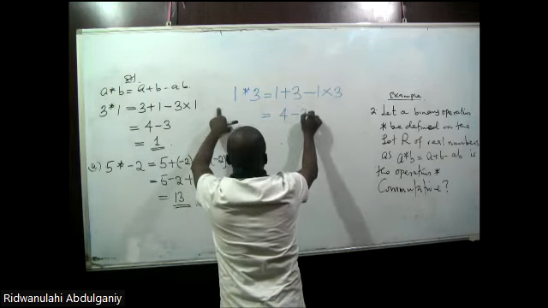Now try to change the role of A and B. Let A take the role of B and B take the role of A. That means that I have B plus A minus AB, and the result gives B operation A. So therefore, operation star is commutative.